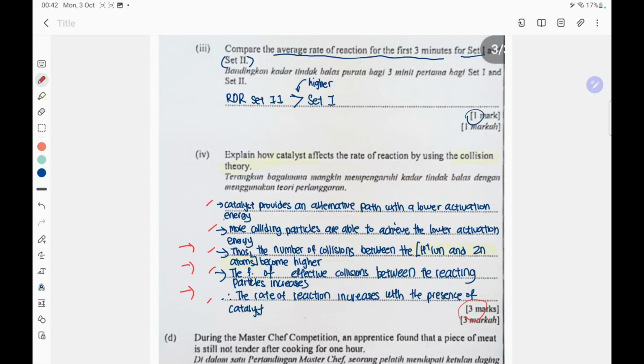But other times the answer scheme might have points for this point and the last point. So you never know which point is going to give you marks. So to be safe, please write all these 5 points, even though only 3 marks are being given. You get my point?